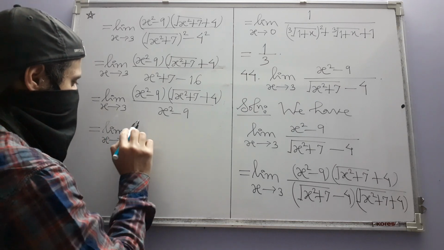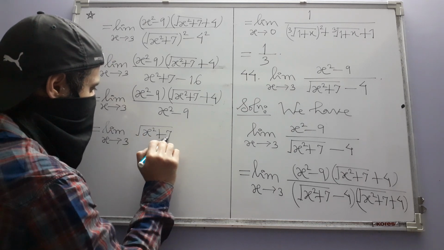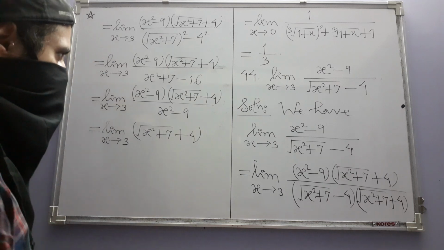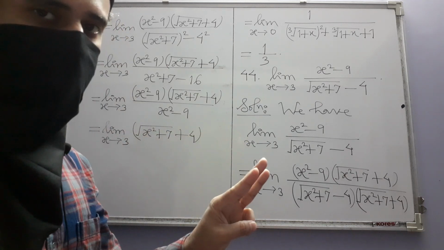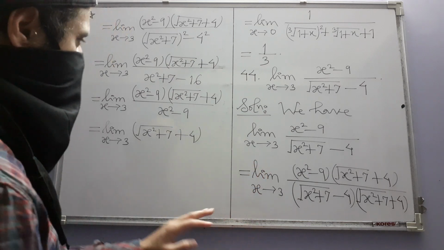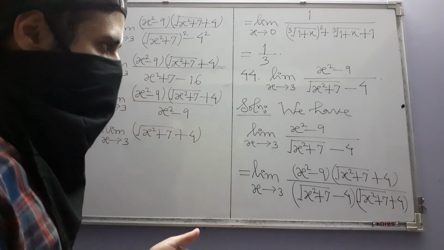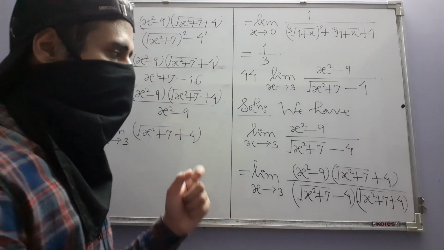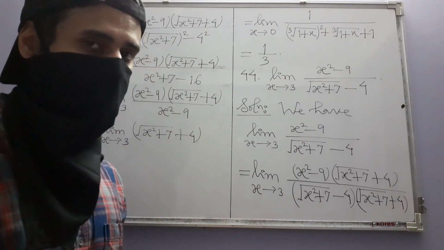But there is another point that should be commented on here. You see, x is approaching 3. That means x is not equal to 3. So that's why I am concluding that x square is not equal to 9. But that is not quite true. x square can be equal to 9 if x is minus 3.